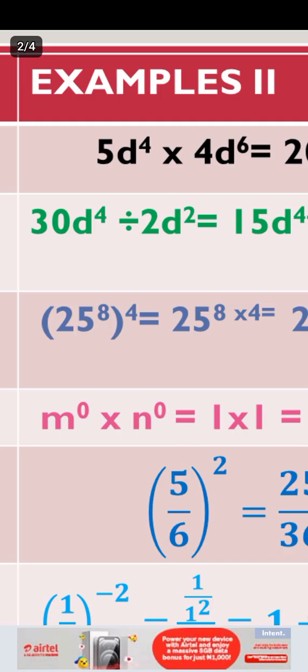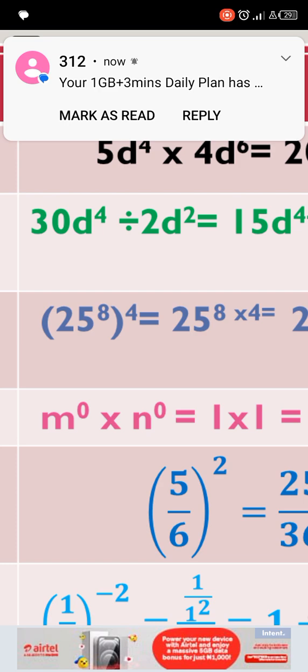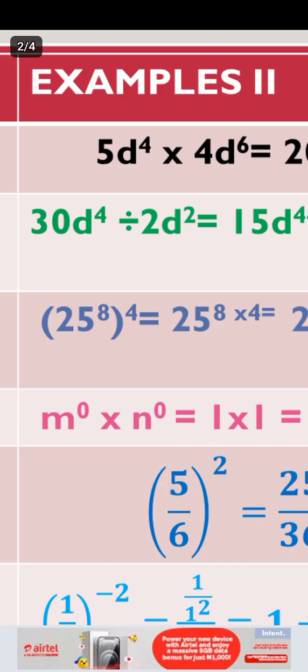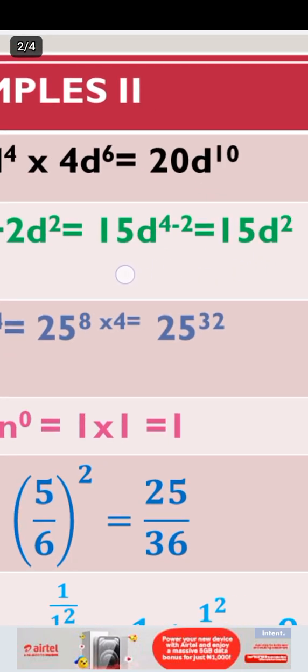The d raised to the power 4 is of the same base with d raised to the power 2. So the numbers will divide as normal. That means 30 will divide by 2, and when 30 is divided by 2, you have 15. And d will be d raised to the power 4 minus 2. And so we have 15d raised to the power 2.